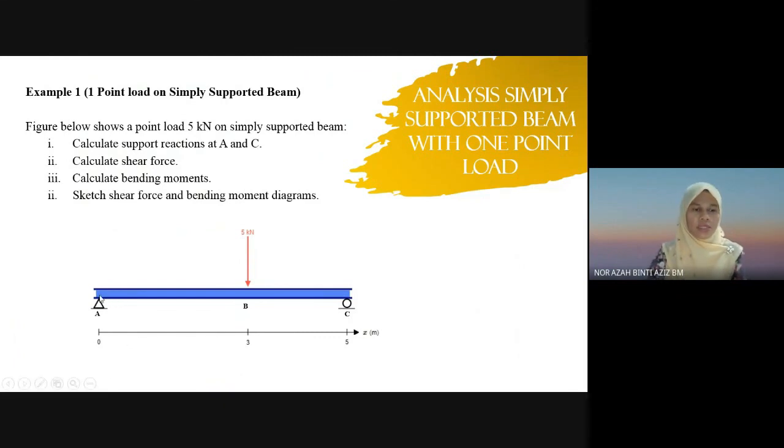For example, here we have beam AC which is supported by support A and support C. Support A, if you look, is in the shape of a triangle. So this one we call pin support. This one in the shape of a circle is roller support. So simply supported beam is a beam which is supported by pin support and roller support.